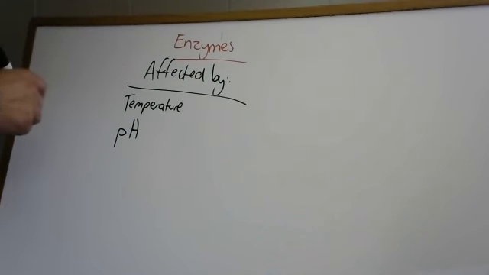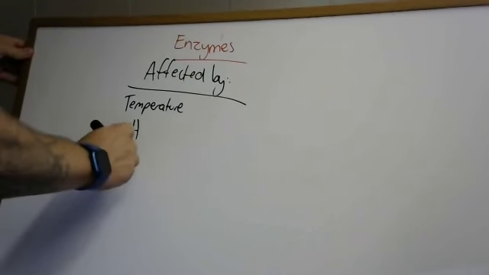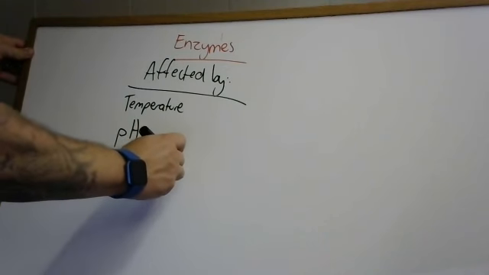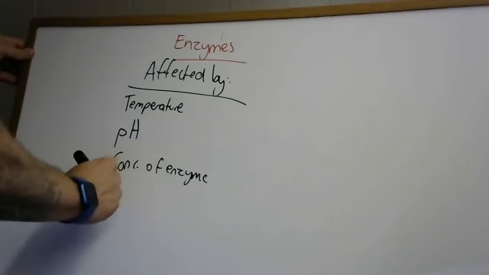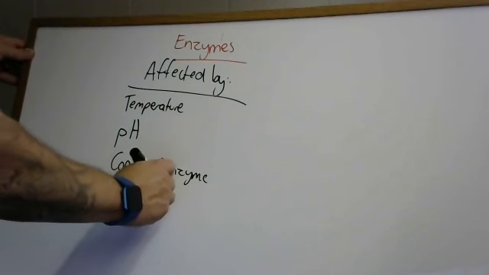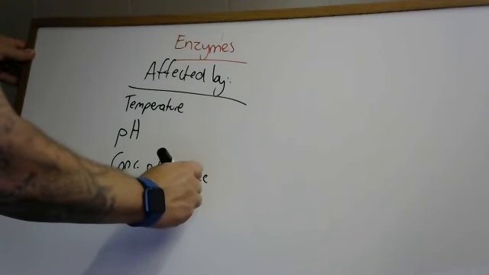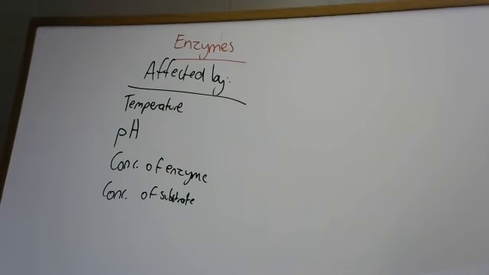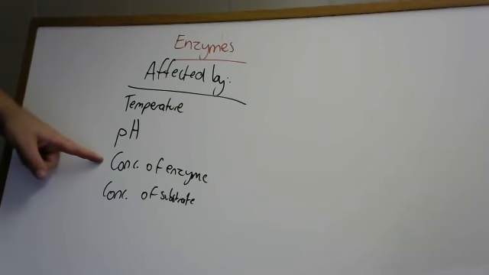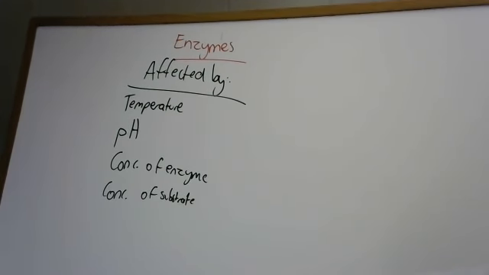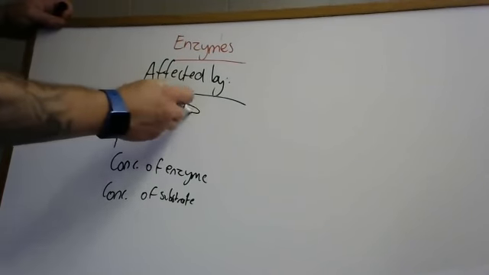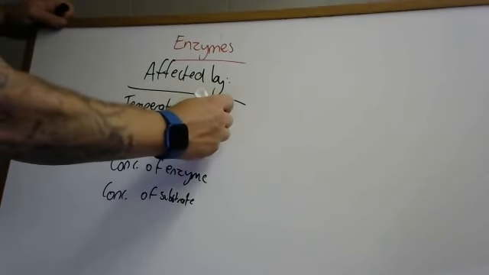Temperature, pH, concentration of enzyme, concentration of substrate, and these are dependent on the concentration of the other. So if you just ramp up the concentration of the enzyme, the rate of reaction will taper off. Same thing if you increase the concentration of the substrate. They have to be increased together. Temperature and pH will change the shape of the active site.